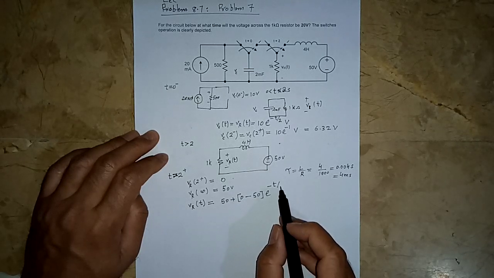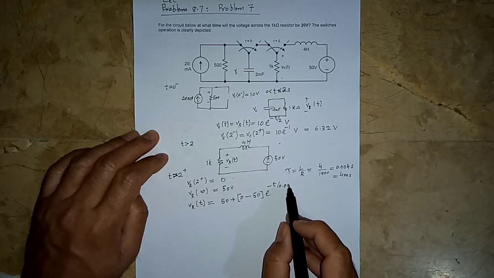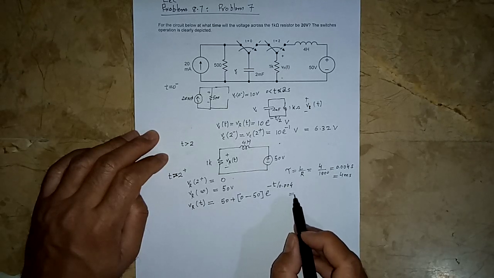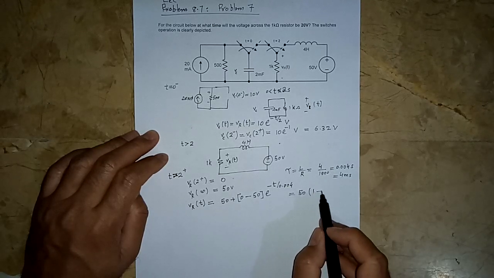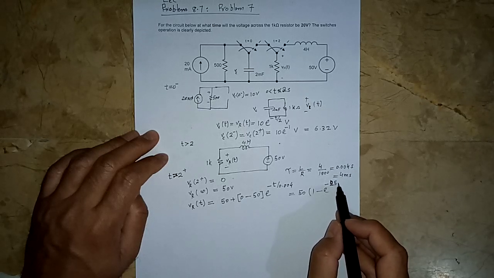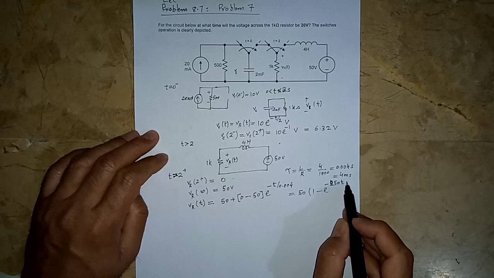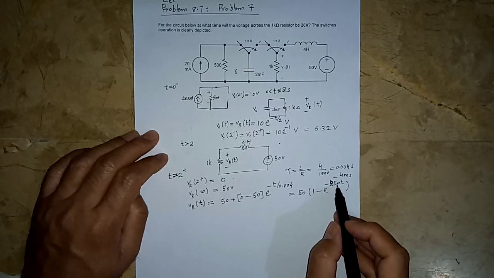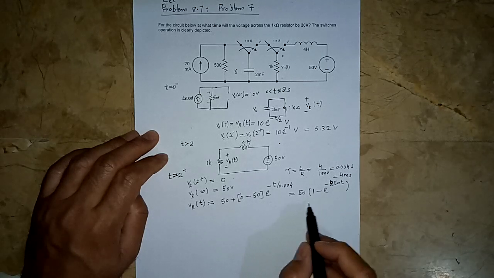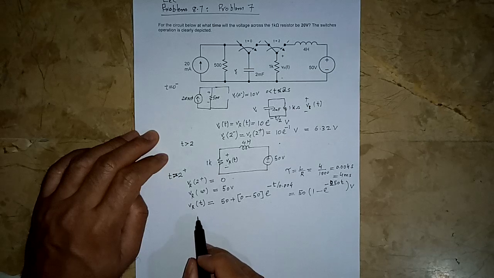So this can be written as 50 times 1 minus e raised power minus 250 t. I think 250 t would be the exponent for the voltage.